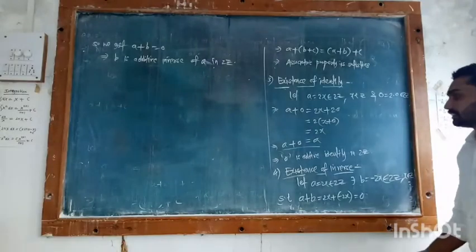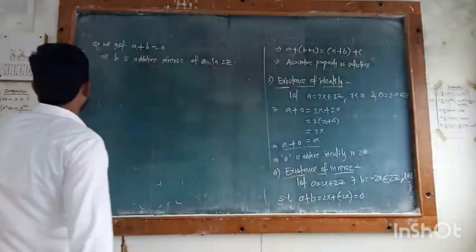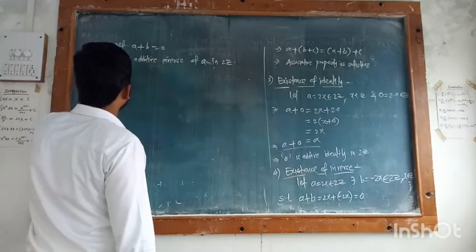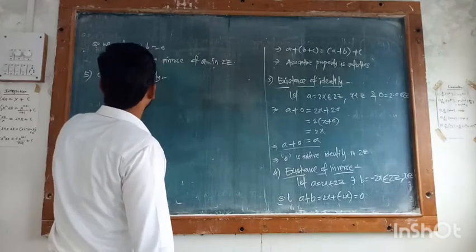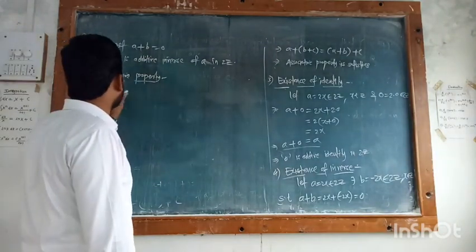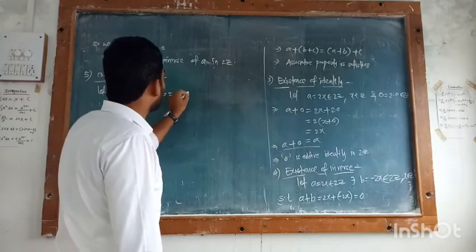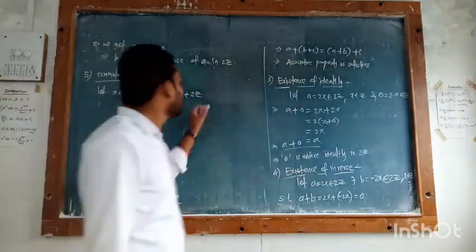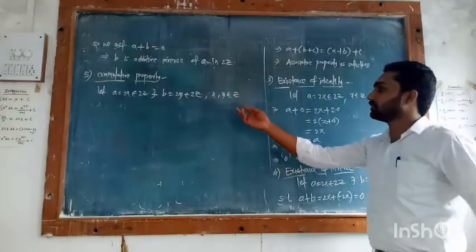So we get there is inverse in 2Z, and the last property is the commutative property. So what is the commutative property? Take two elements, let A is equal to 2x, member of 2Z, and B equal to 2y, also member of 2Z, where x and y are integers.